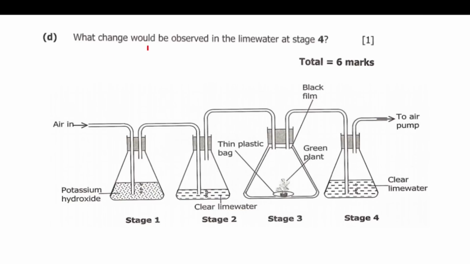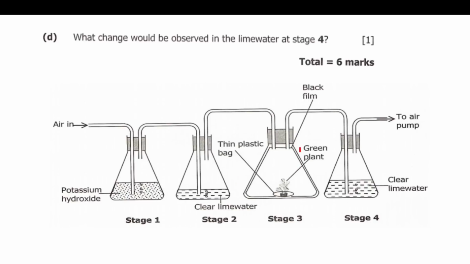D. What change would be observed in the lime water at stage 4? So for you to understand here now, since this black film here will block light coming from outside going inside the green plant, and then here there will be only oxygen that will reach this place here.